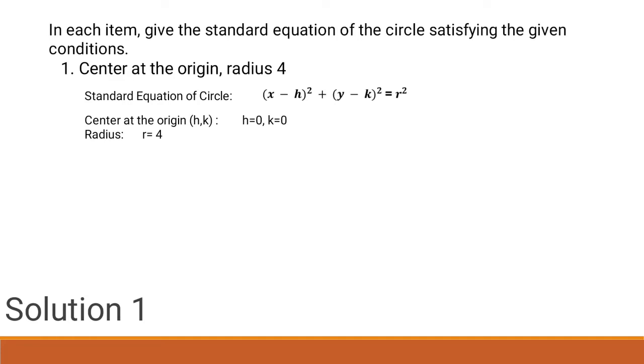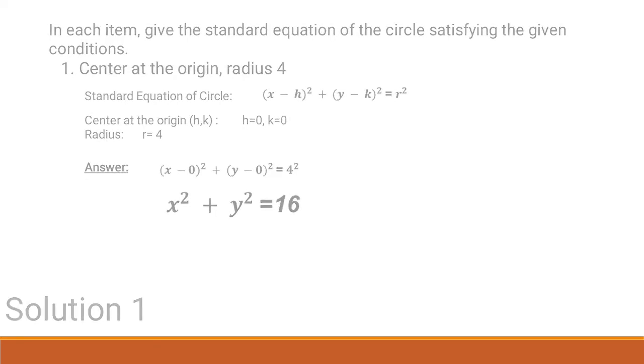It means our h is equivalent to 0 and k is equivalent to 0, with the given radius of 4. So the answer is (x minus 0) quantity squared plus (y minus 0) quantity squared is equivalent to 4 squared. So the standard equation is x squared plus y squared is equivalent to 16.